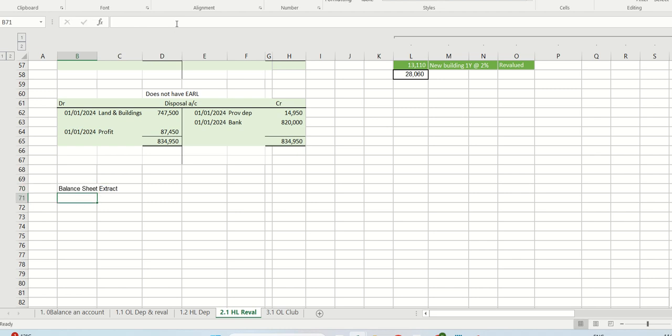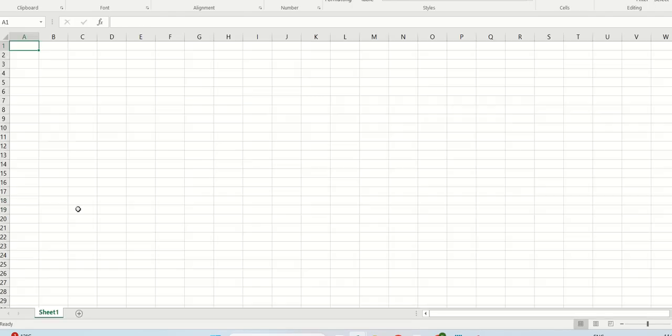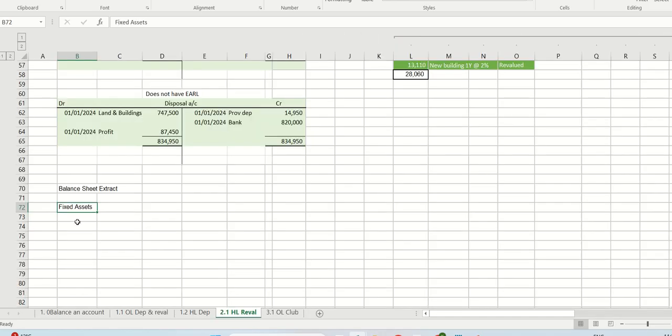And all we need is we're going to have our fixed assets section. Fixed assets section. We're going to have cost, accumulated depreciation, net book value, land and buildings.